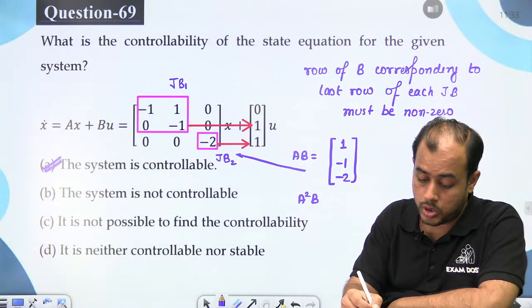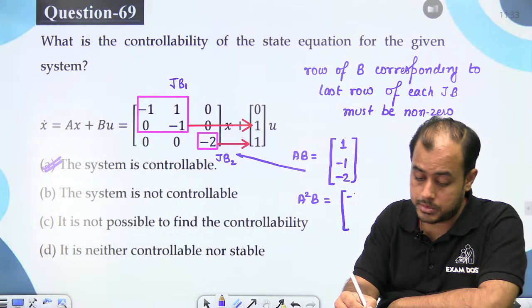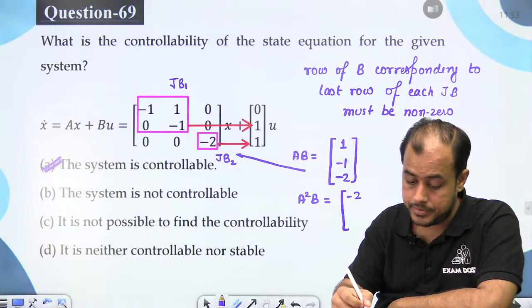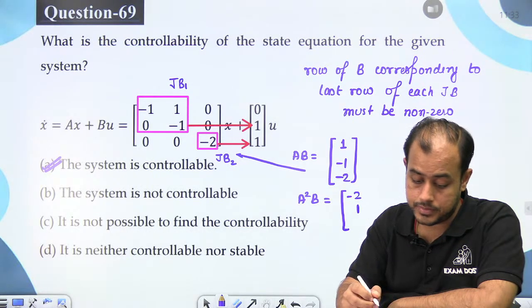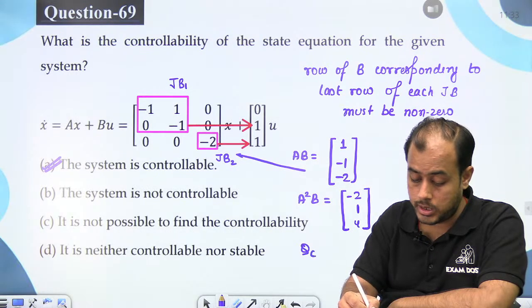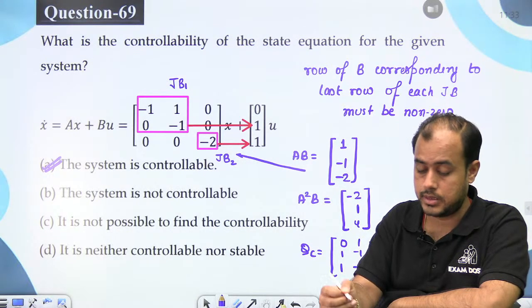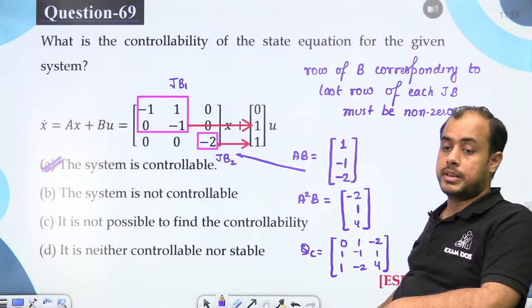A²B is basically product of these two. -1 -1 -2, this is +1, this is 4. तब आप कंट्रोलेबिलिटी मैट्रिक्स बनाते, पहली कॉलम होता B, फिर AB, फिर A²B. Now you will check the determinant of this.